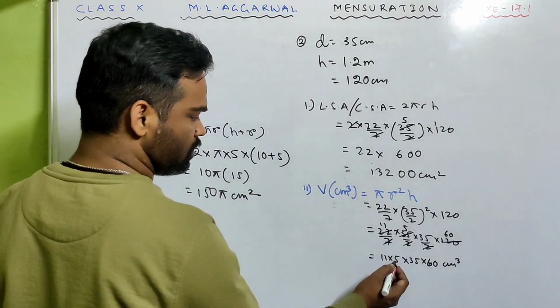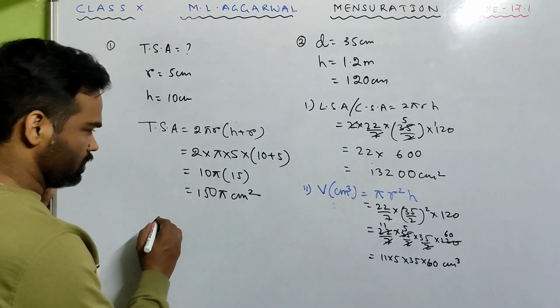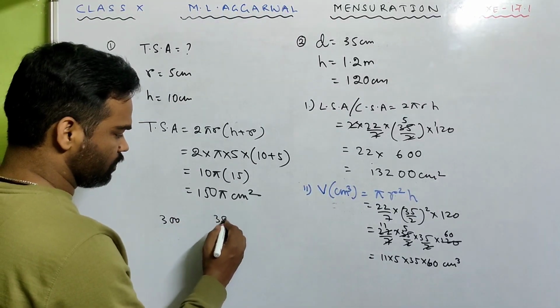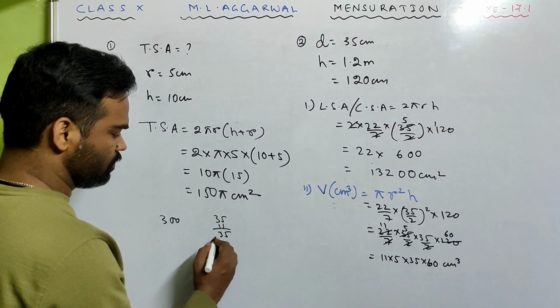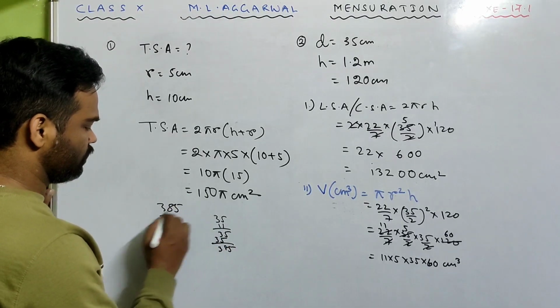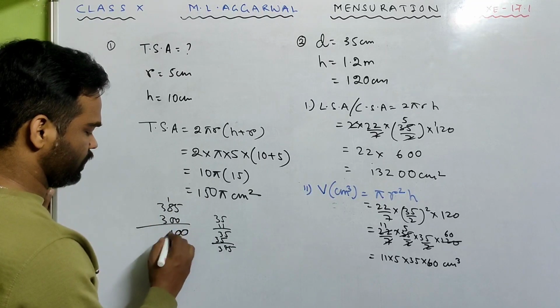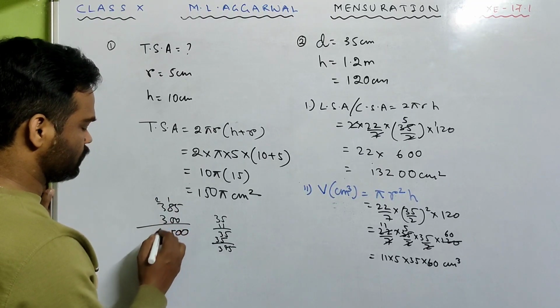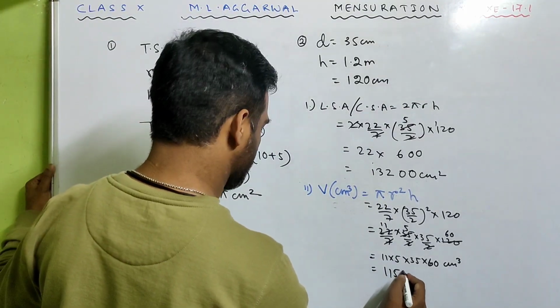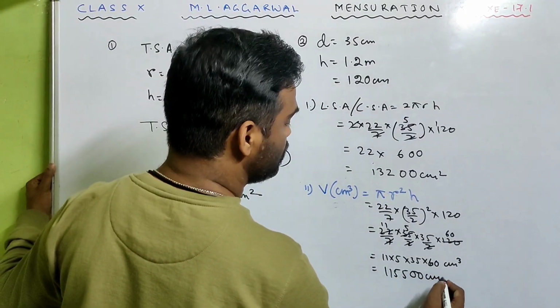Let me solve this, okay? 5 into 60 will be 300, isn't it? And 11 into 35 is 385. So multiply 385 by 300, and that's 115500 centimeter cube.